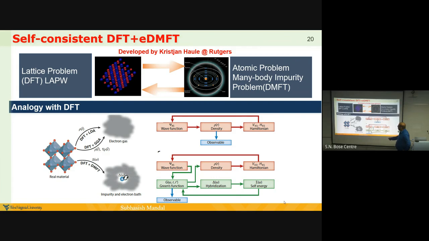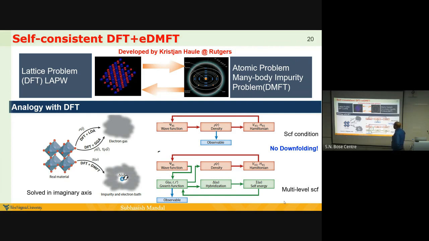But in DFT plus DMFT, you can think of mapping every atom to an electron bath, where the impurity is talking with the electron bath, the non-interacting electrons, through the hybridization function, which is strongly frequency dependent. But in reality, it is more complicated than just DFT. It is a multi-level, self-consistent loop, and it is solved on the imaginary axis.